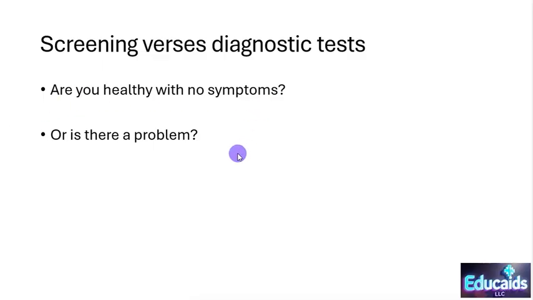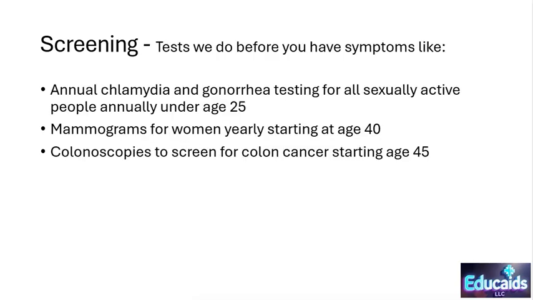Screening versus diagnostic tests. Are you healthy with no symptoms, or is there a problem? Screening, think of like a screen on a door. Everything's going normal and we're just going to stop certain things and check for certain things. Let's give you some examples. Screening tests, we do that before you have symptoms. So annual chlamydia and gonorrhea screenings for all sexually active people under age 25.